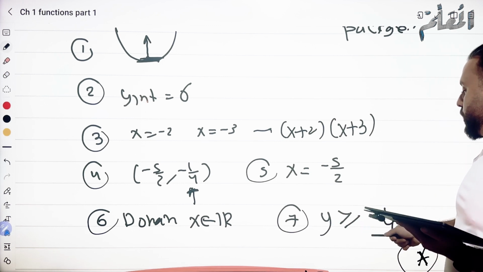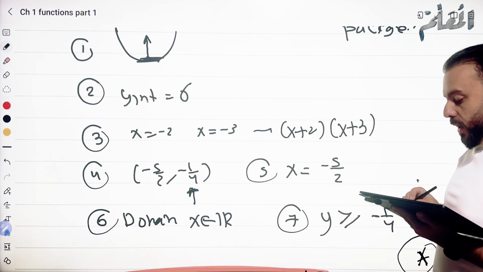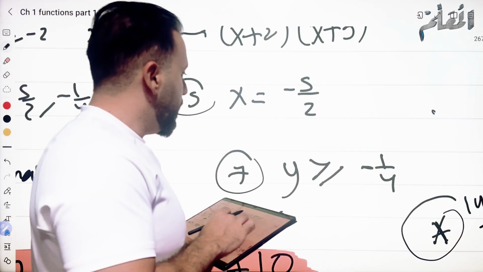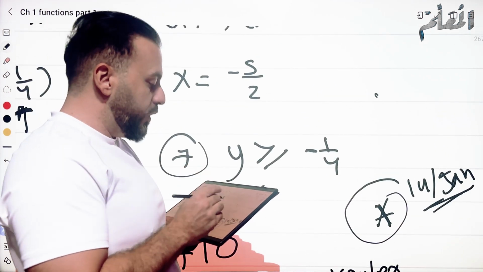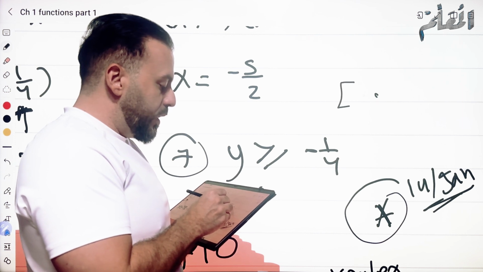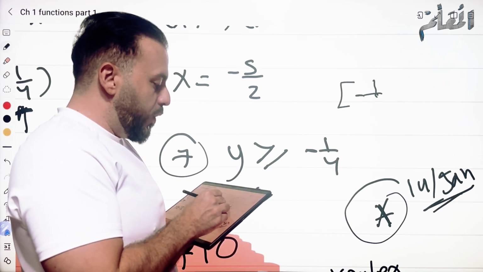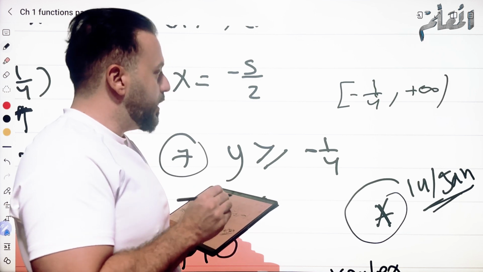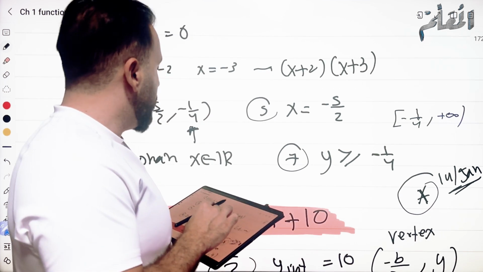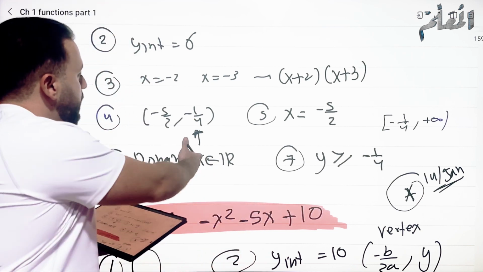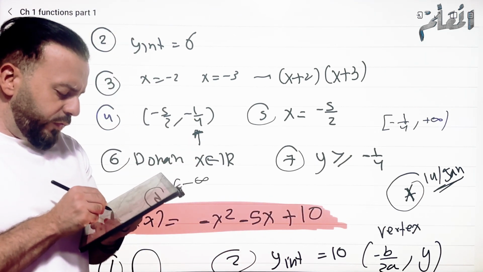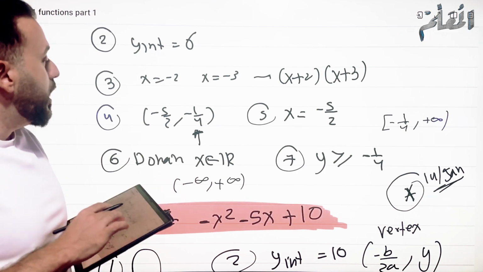So y greater than or equal to negative 1/4, or we can write it from negative 1/4 to positive infinity. That's one of the things. And of course the domain here is x belongs to all real numbers, or we can say negative infinity to positive infinity.